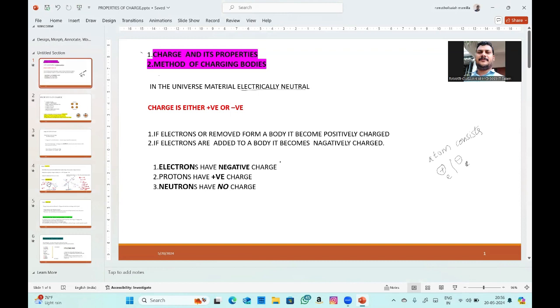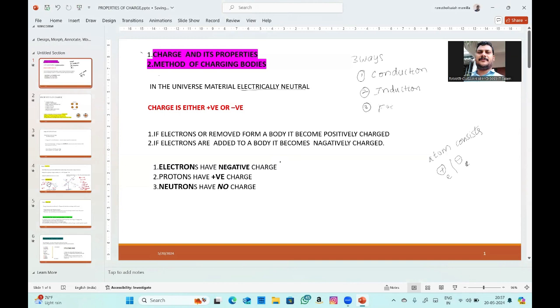So we get the charge, that means bodies become charged, in three ways. One is the conduction method, another is induction, and the third is friction.